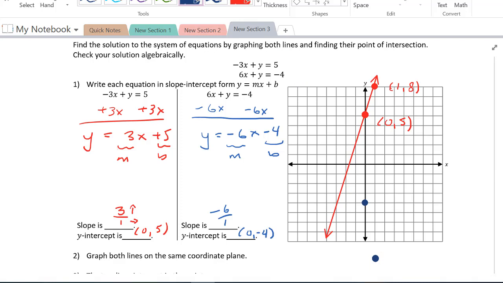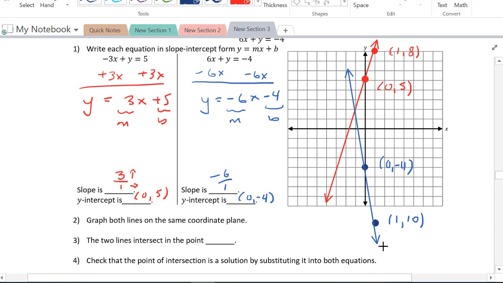Let's label that. This is 0, negative 4. Then let's connect the two points together. It should look something like this.